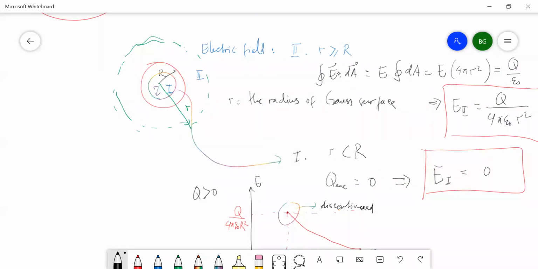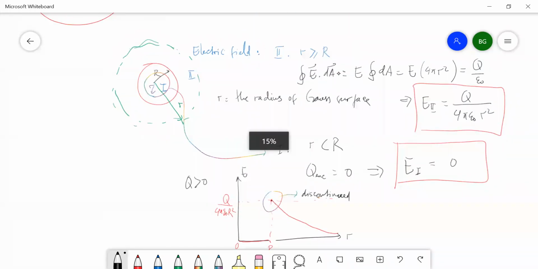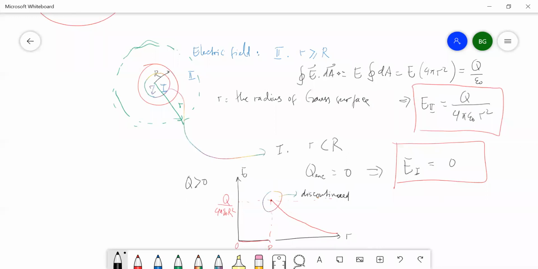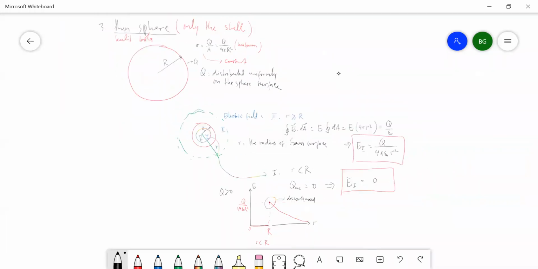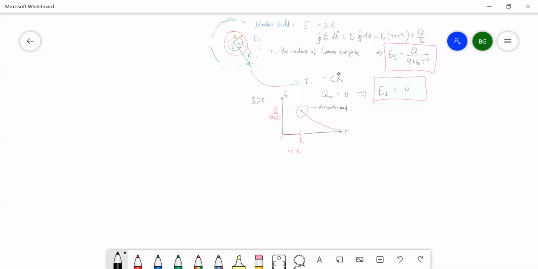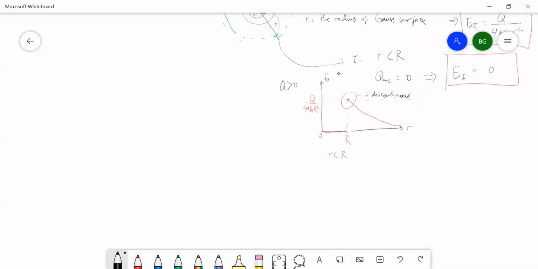What about the rigid sphere? The fourth example.